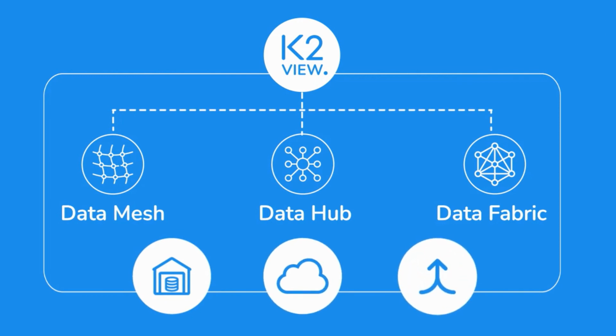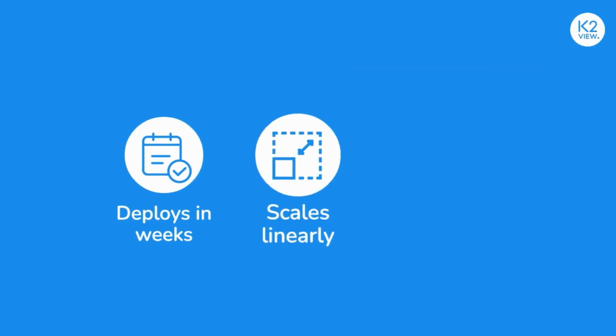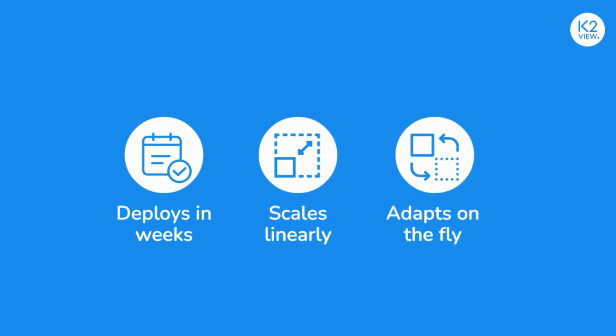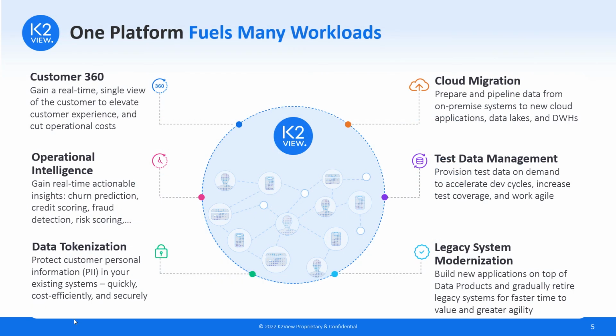It can be implemented in a matter of weeks, scales linearly, and adapts to change on the fly. The K2View platform fuels both operational and analytical workloads, including Customer 360, data pipelining, data tokenization, legacy modernization, test data management, and more.